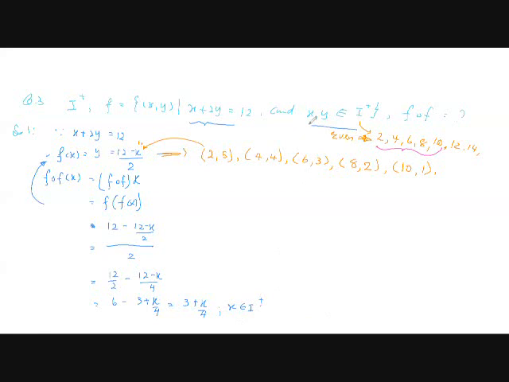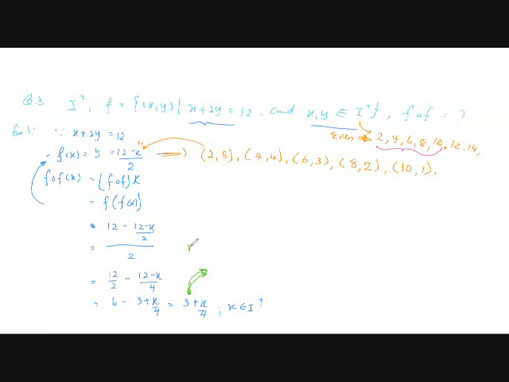So we have to work it out and see if it works or not. Now we test from here. If you replace x in here, now we test here by using x.